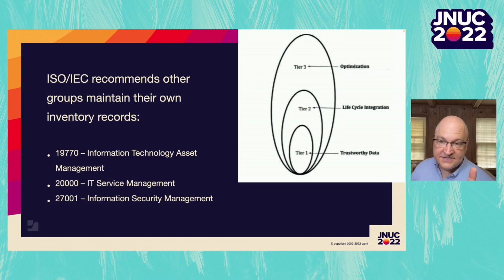So consider this. Inside the ISO, there are 3 different IT-related groups that have a requirement to maintain their own inventory: asset management, IT service management, and information security management.